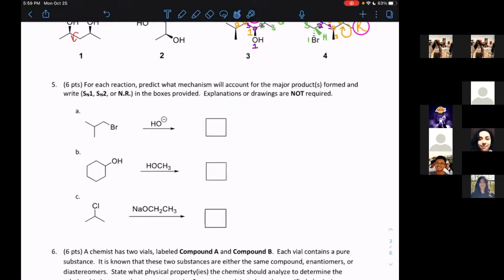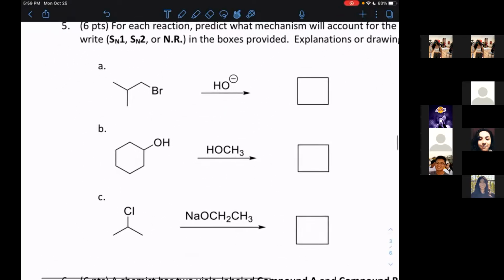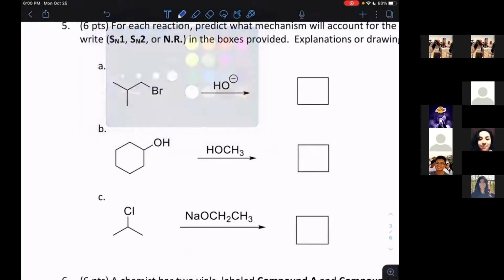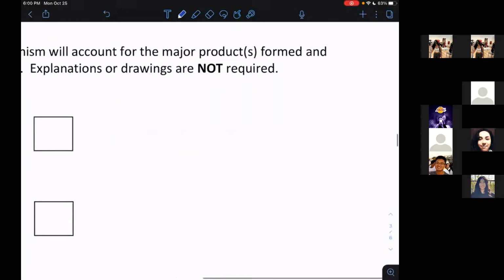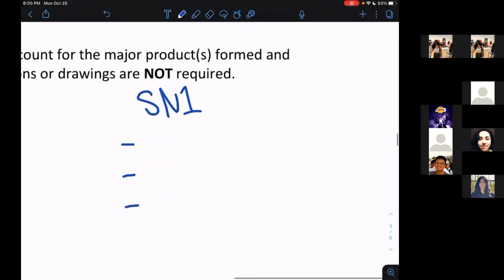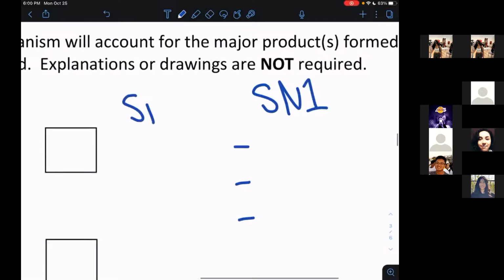For this one, predict if it's SN1, SN2, or no reaction. So I think a good thing to have is what the properties of SN1 are and then what the ones for SN2 are.